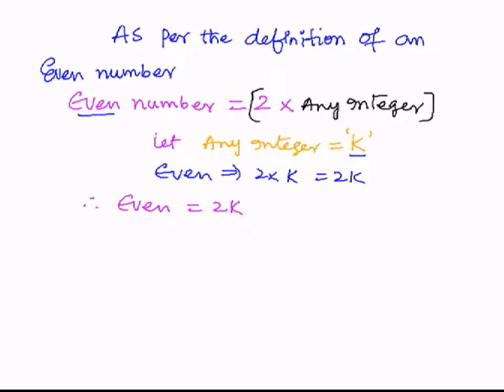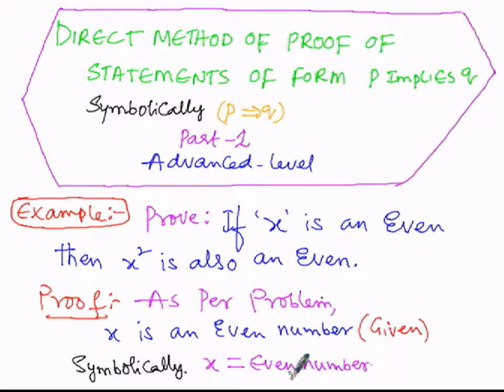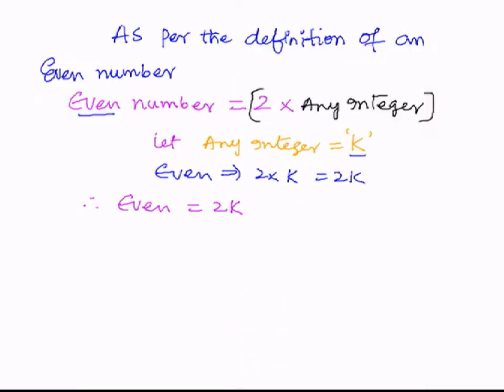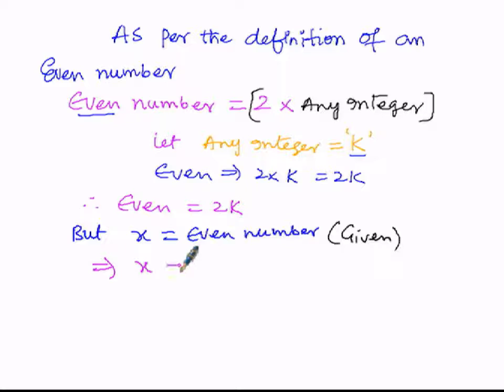But as per the condition, x equals even number, which is already given in the condition, then the next logical step will be: that implies x equals 2k, the even number replaced by 2k.